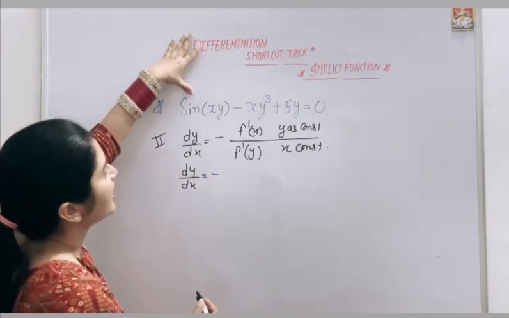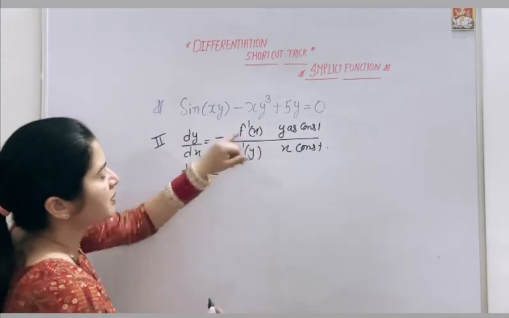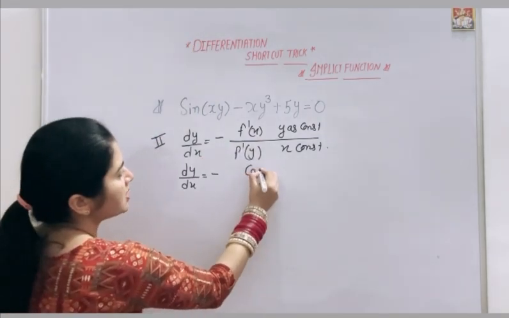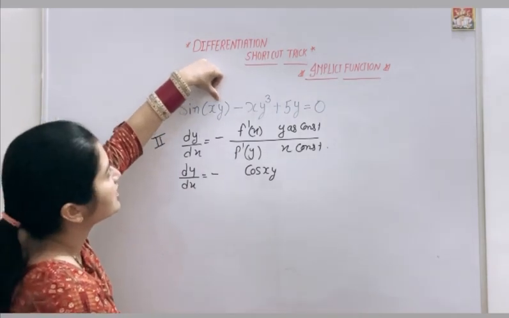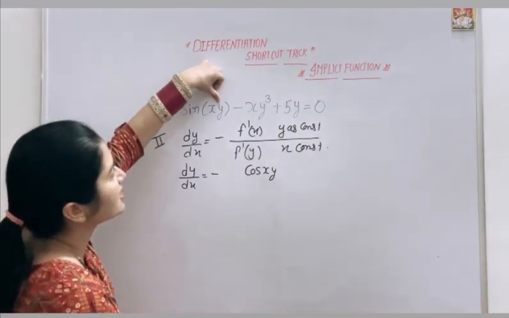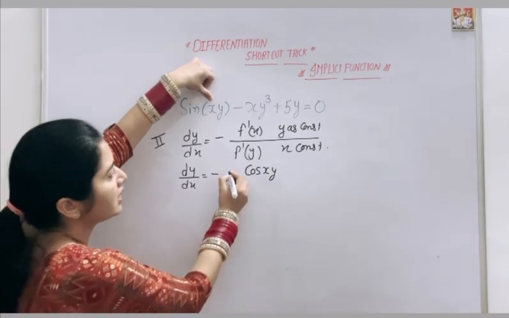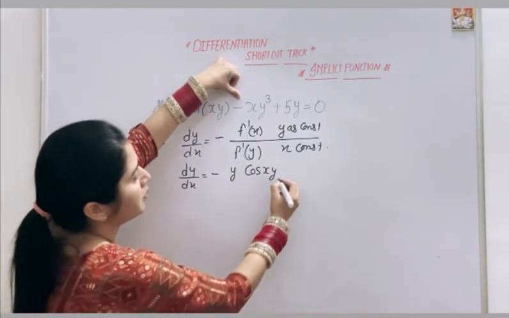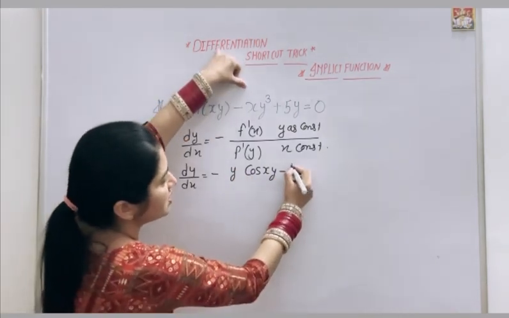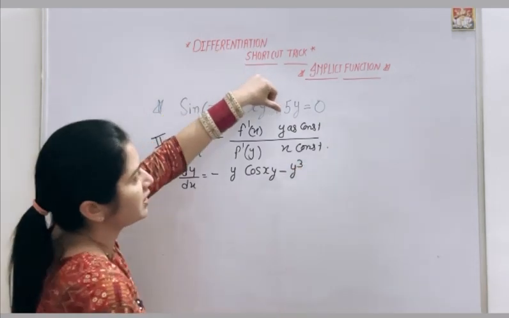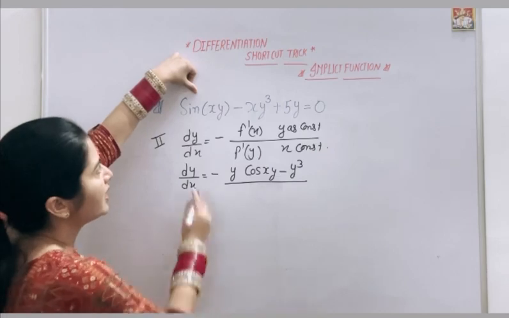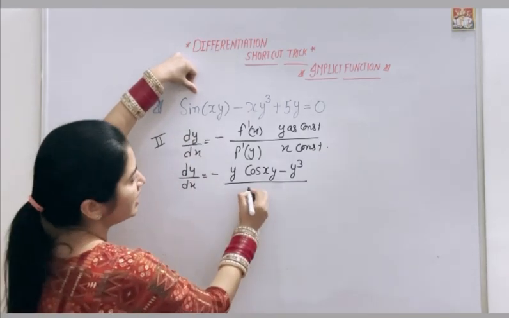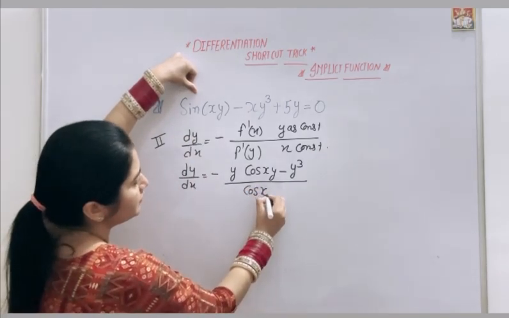minus the derivative of sin xy with respect to x will be cos xy. By chain rule, x into y, taking y as constant, so the derivative of x will be 1, minus y is constant and the derivative of x will be 1, upon, now with respect to y, sin's derivative again will be cos xy.